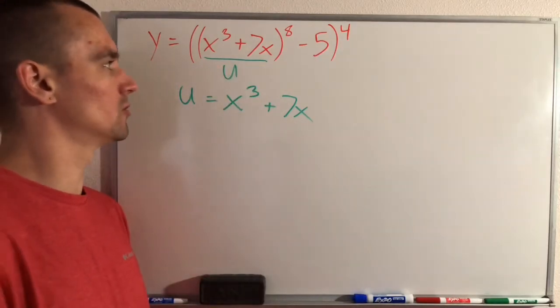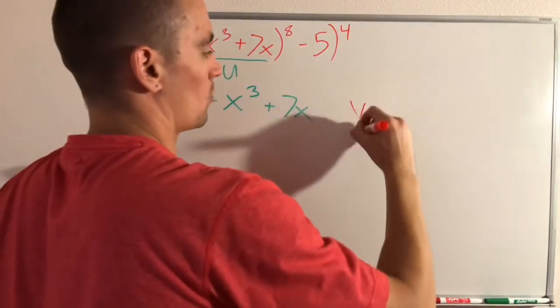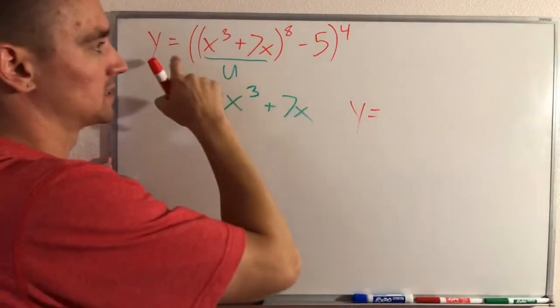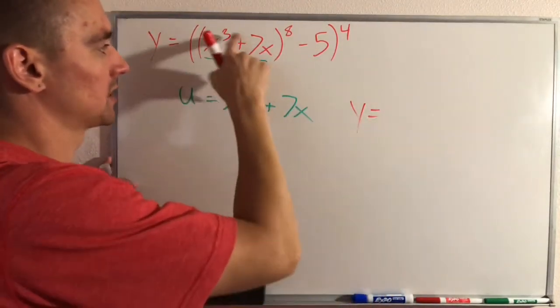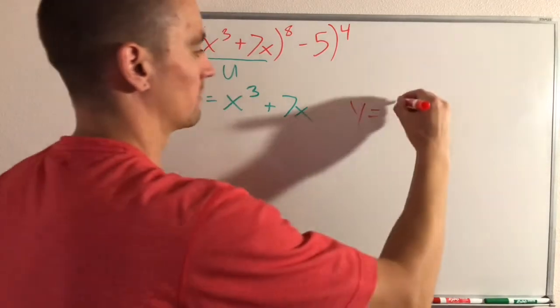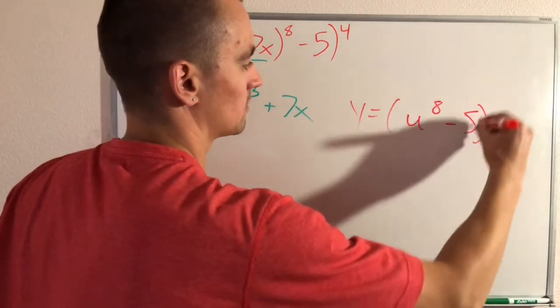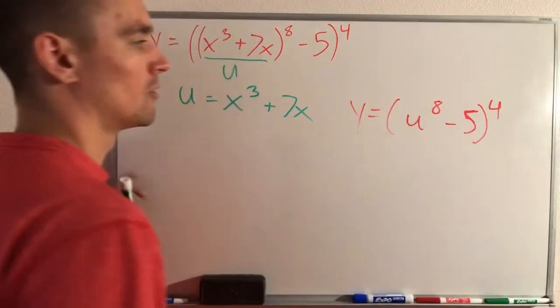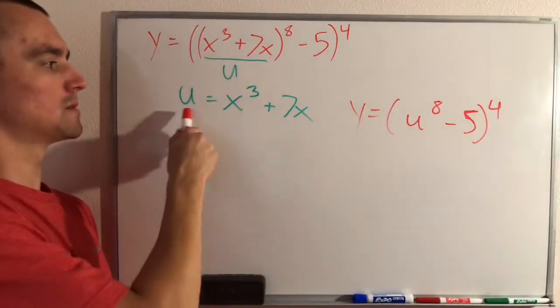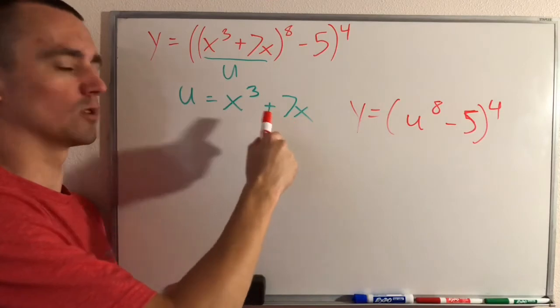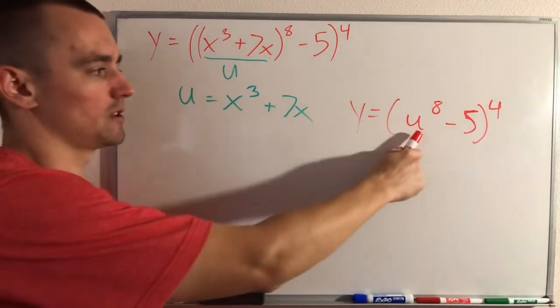So y is exactly as it is here, except we replace all of this with u. Doing that gives us y equals (u to the 8th power minus 5), all raised to the 4th. All we had to do is make this substitution for our innermost function, and we call that whole thing u.